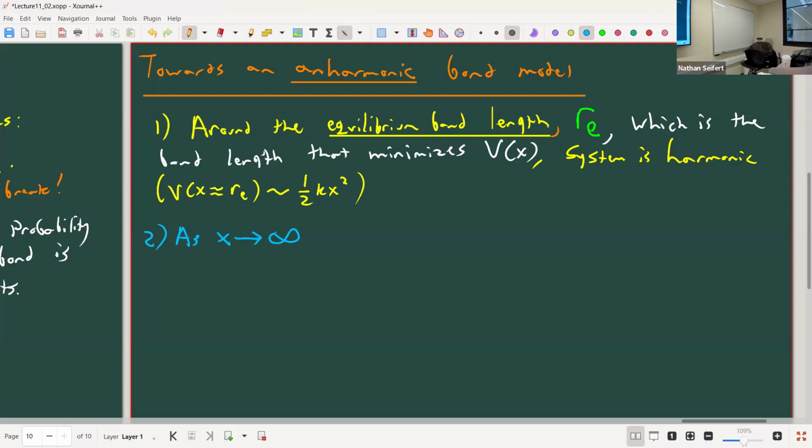So as we start to stretch a bond, the bond starts to break. And what that means is that the bond doesn't really retract anymore. In some sense, it gets weaker as it stretches. And eventually we stretch it so far, the atoms are so far apart, they don't talk to each other, and the energy doesn't change. So at really, really long distance, the energy required to stretch the bond becomes zero, because you now have two free atoms.